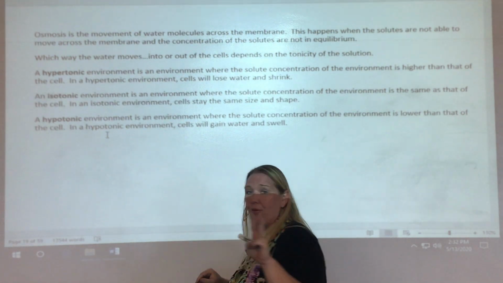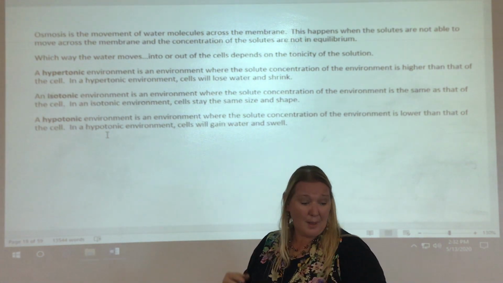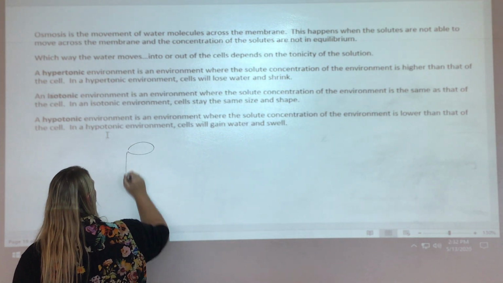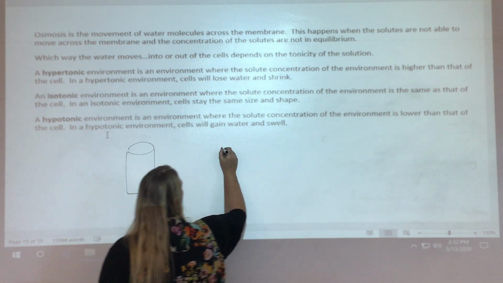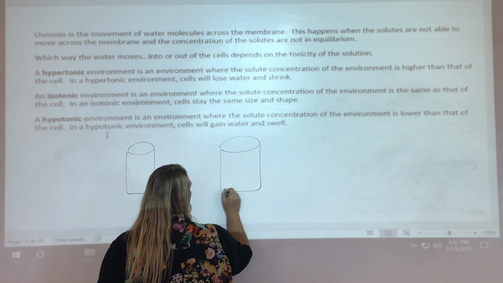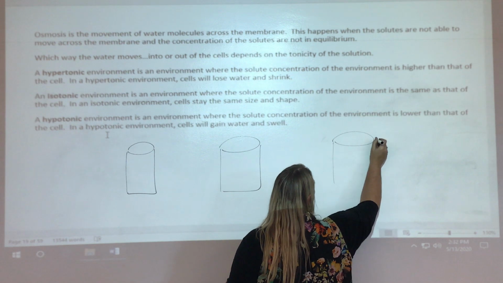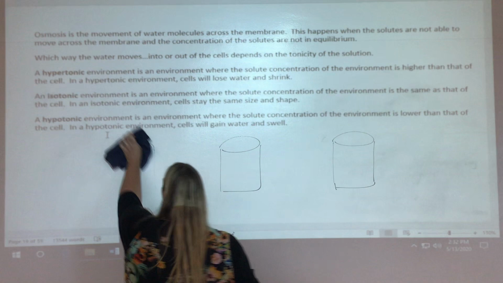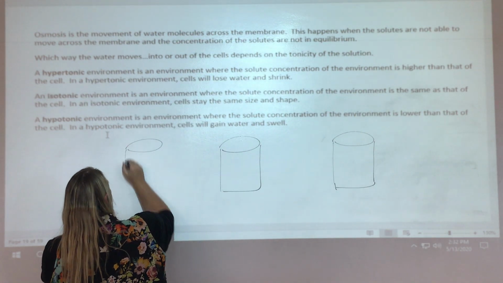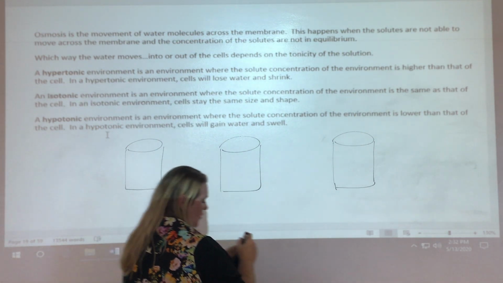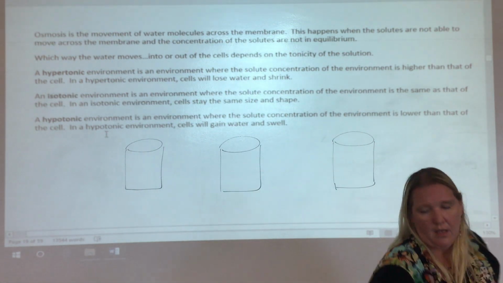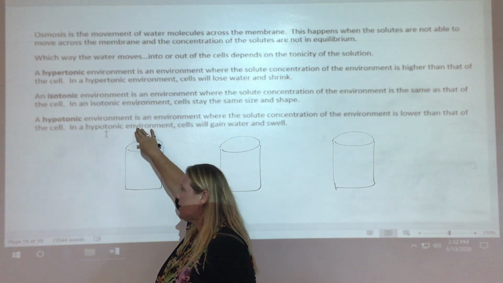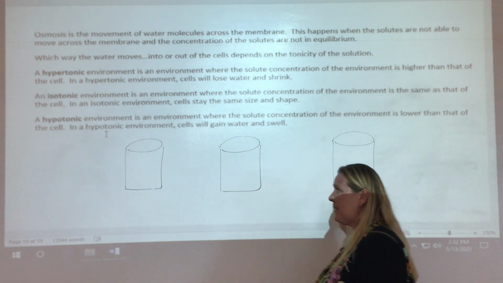And so if I drew 3 beakers, and I know the definitions are here, but I'm going to define them by drawing a picture. So if I could do 3 beakers, and I'm going to use these pictures to describe hypertonic, isotonic, and hypotonic. I'm going to use these 3 pictures to do that.